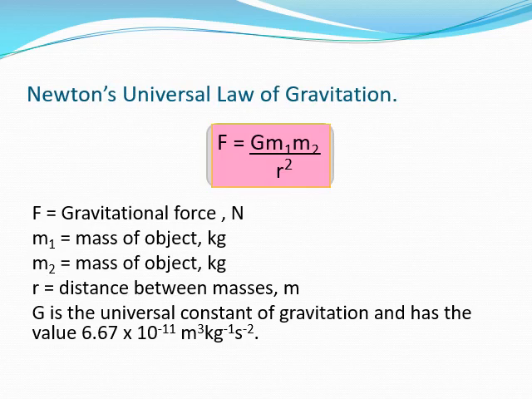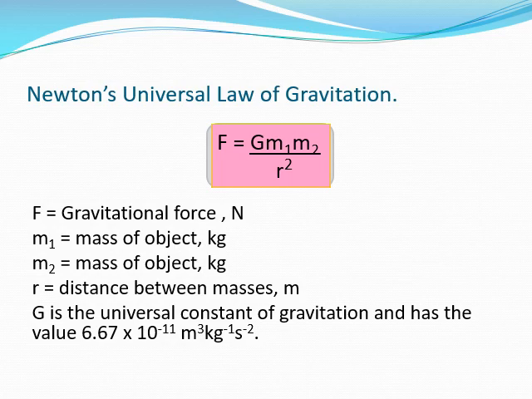So Newton's universal law of gravitation says that the gravitational force is equal to a constant called big G, the universal constant of gravitation, times the product of the two masses, m1, the mass of the one object, and m2, the mass of the other object, divided by the distance between those objects, r squared.